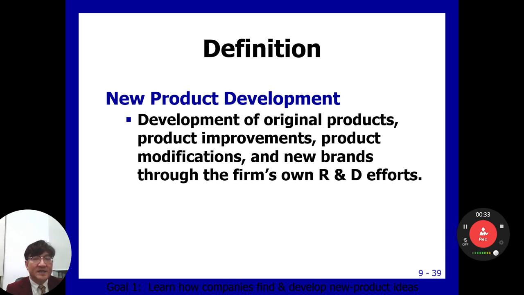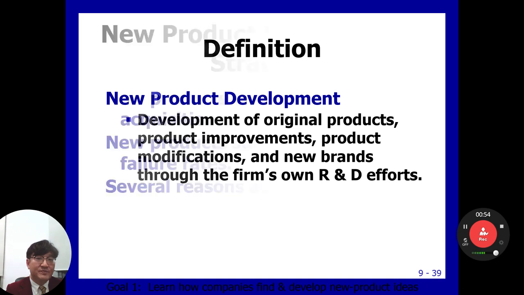As we talked about in the previous class, as long as the customer perceives the product as new, we consider it a new product. It doesn't need to be completely new. Even a small modification of the product can be perceived as a new product.